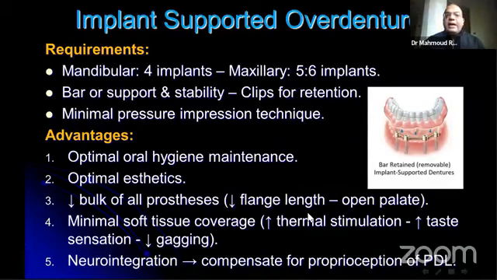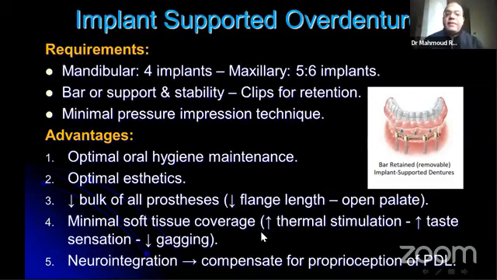This is gained by decreasing the flange length and the open palate form you can give to your patient. We don't need physical means of retention here, so we gain all our retention by mechanical interlocking with the implant abutments. Minimal soft tissue coverage.